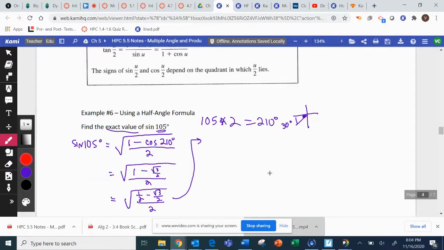If you didn't find my mistake, this was negative square root 3 over 2, so I should have changed this to be plus, and I didn't do that. Don't think that's my only mistake though.